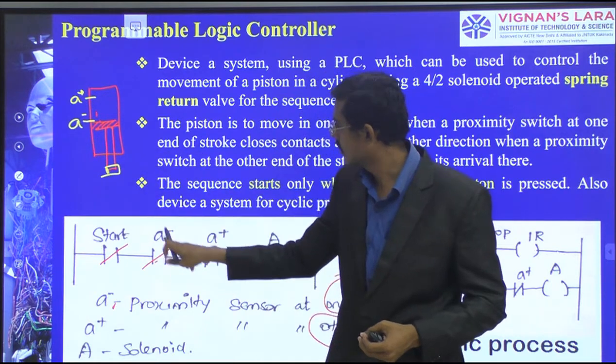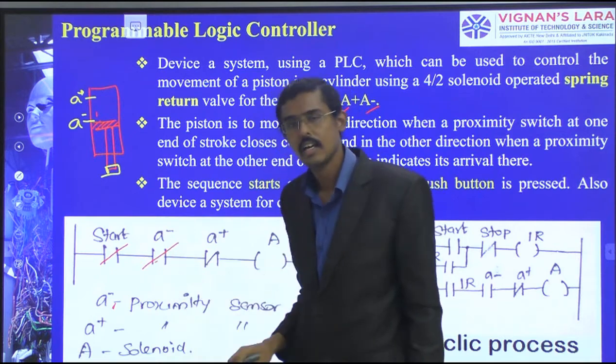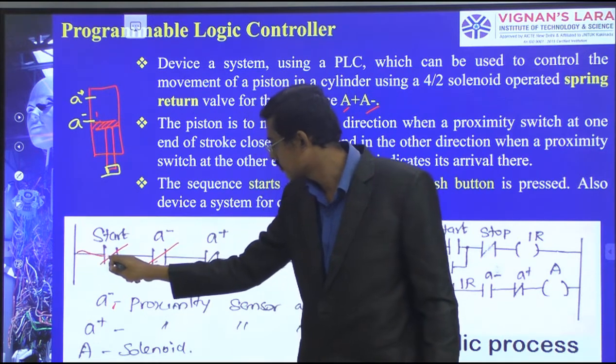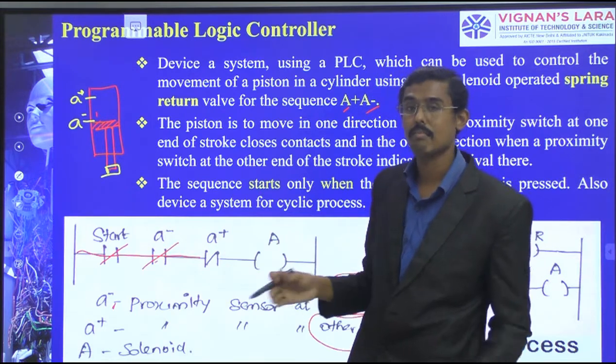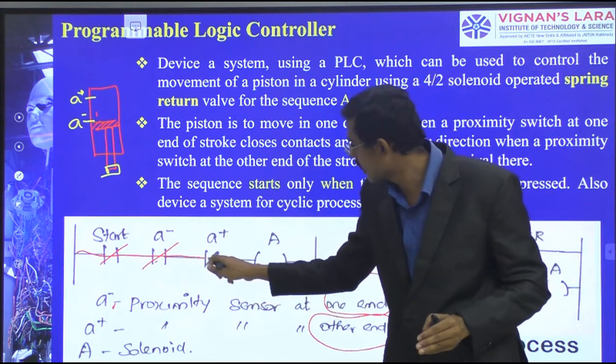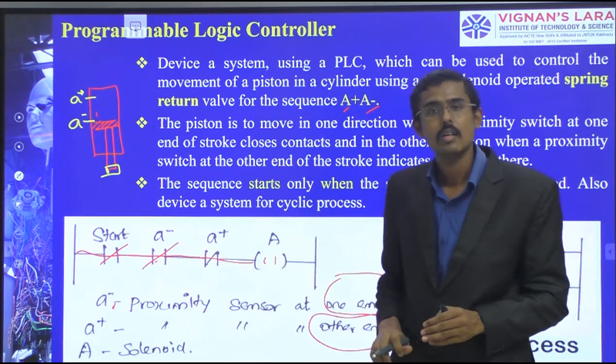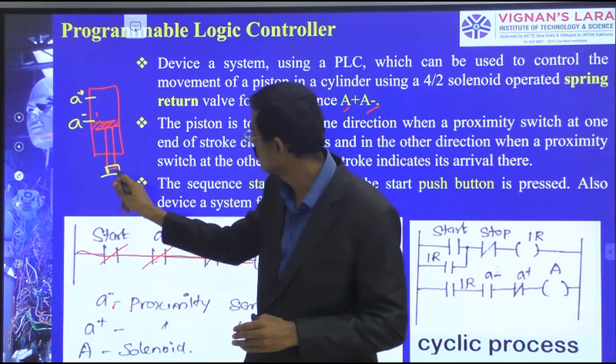Now I have created this. A minus is the initial position. When it is starting, we are creating the contact, and the supply from here goes there. Here I already have a connection by the normally closed condition, so without any disturbance it is able to pass the supply. Now A is activated.